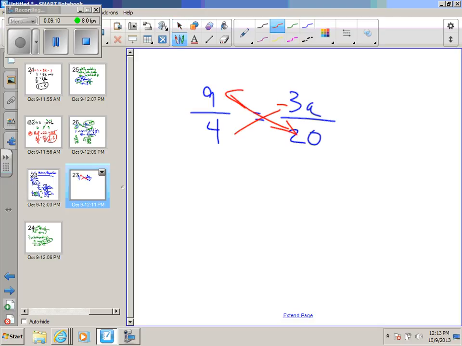These have to be equal, right? So let's multiply the 9 times the 20, and we get 180. Multiply the 4 times the 3a, and we get 12a. Can you solve from there?